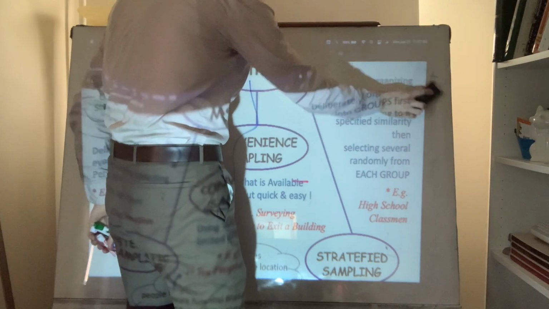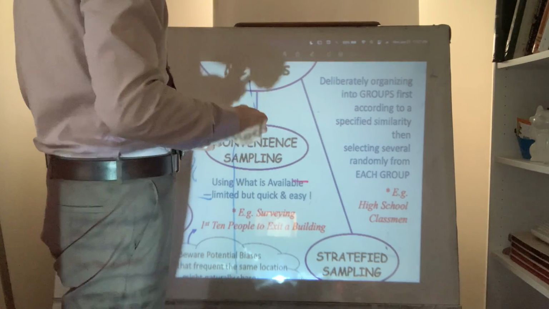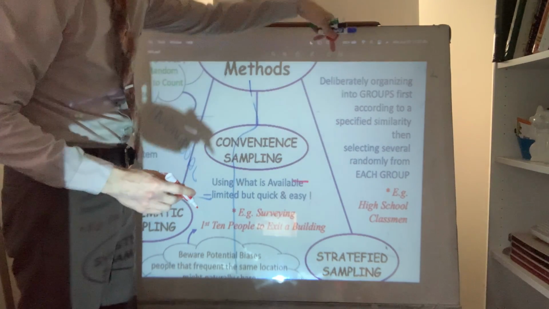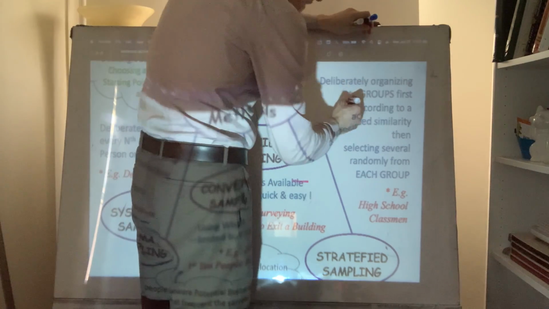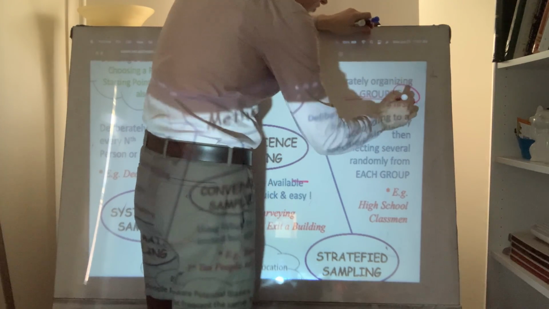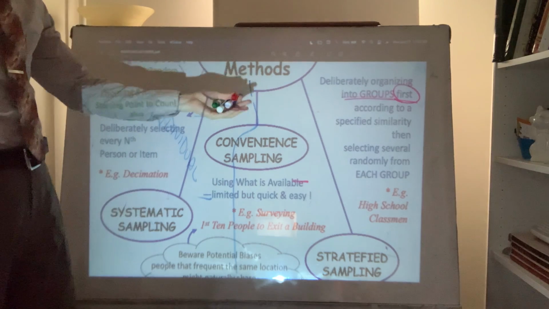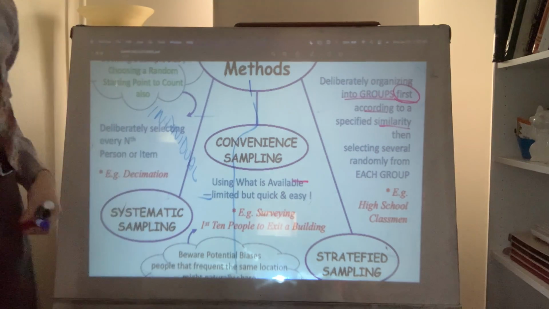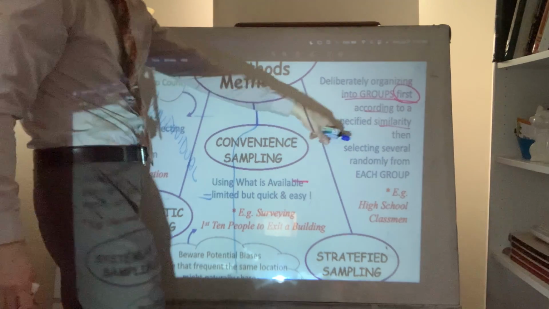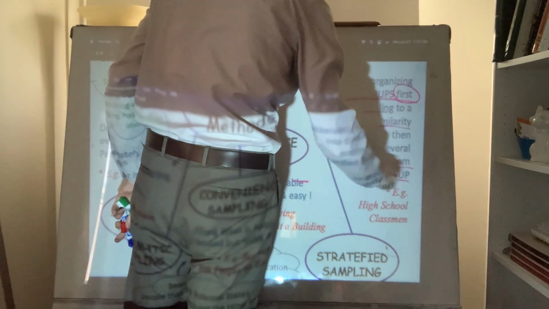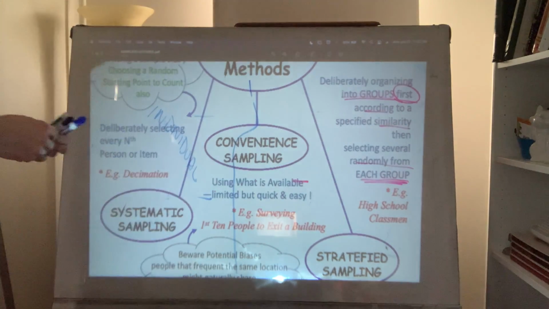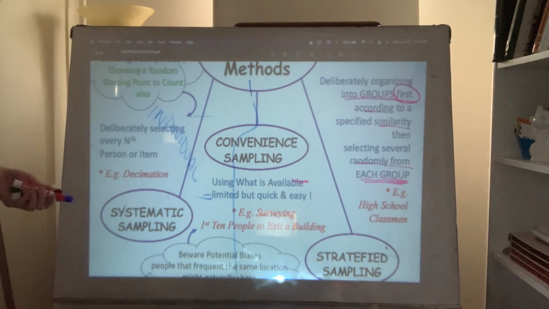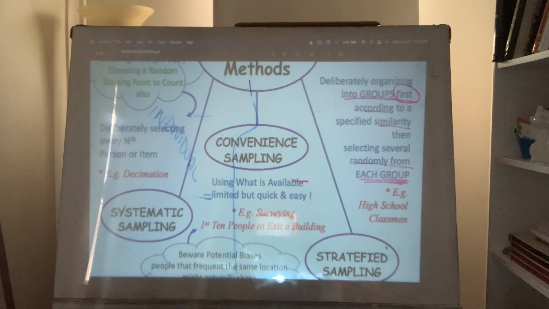This is when there's some organization that occurs to begin with. Stratified sampling is deliberately organizing into groups first, according to some similarity, all right? And then selecting several randomly from each group. That's not quite the same thing as the thing either adjacent or above it.